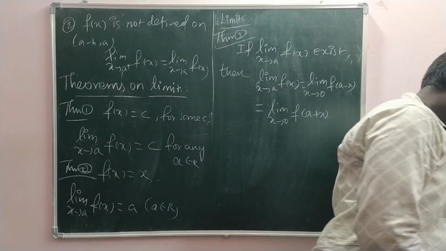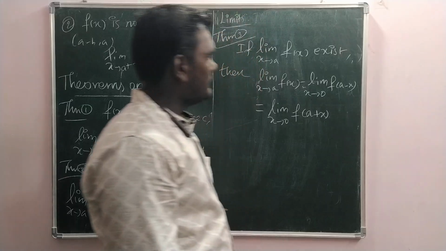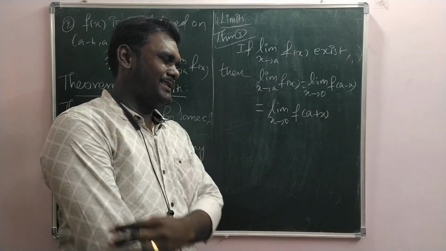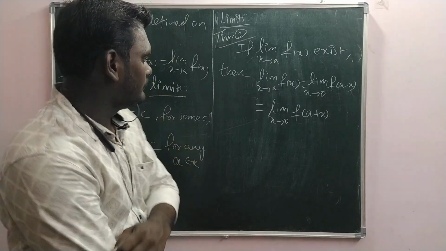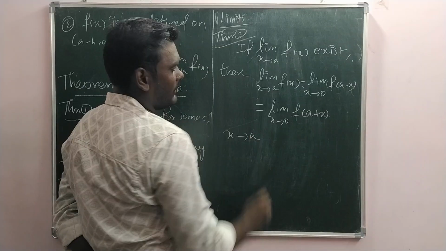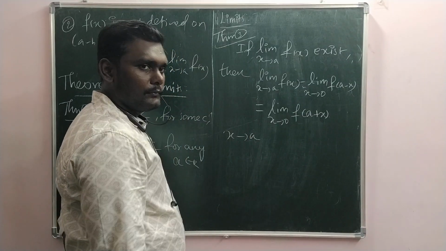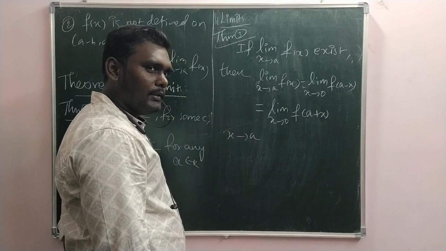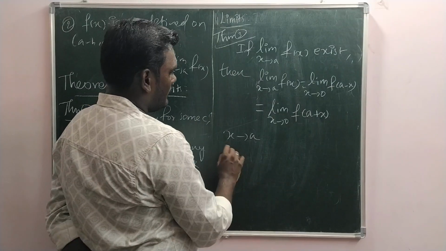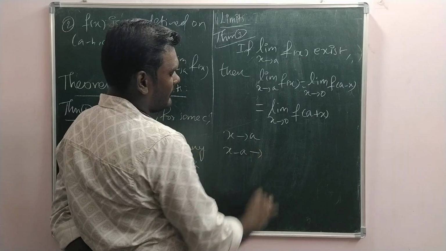That means this is nothing but the other variant of the left limit and right limit. Now when I say x approaches a, then x minus a approaches where?